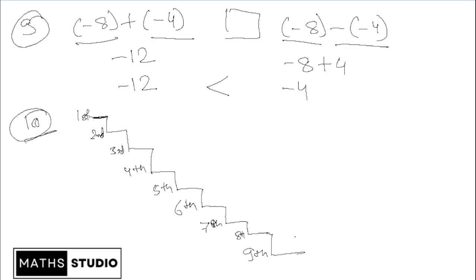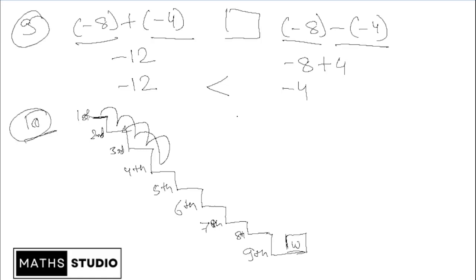This is the point where water is there. So the question is, he is at step number 1 and he jumps 3 places down and he comes back 2 places up.